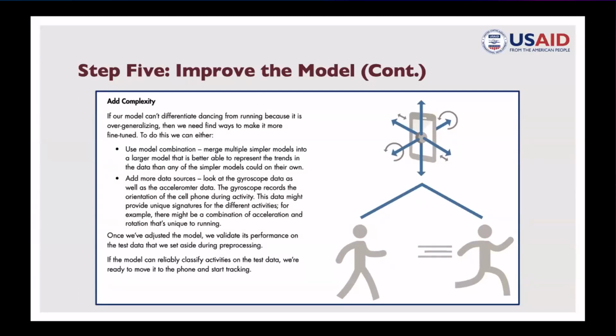Of course, combining several models will make it more complex, but it will fine-tune your model and make it more accurate than using a single one. We can also add more data sources, meaning you feed more and more data onto your model so that it will perform well. But again, the trade-off is that it will be more complex.